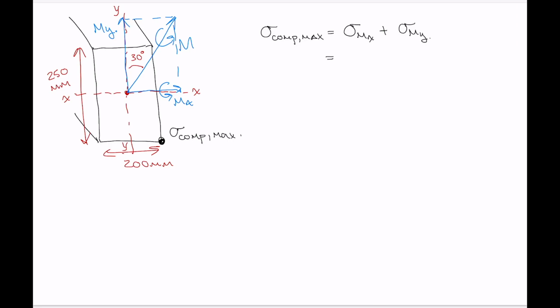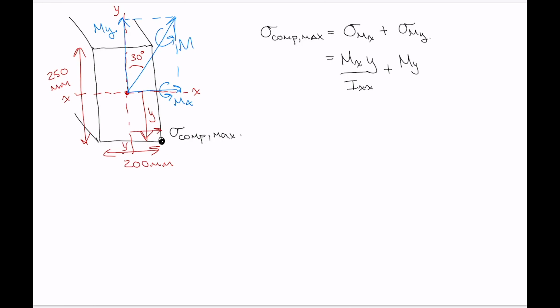So the stress at that location due to Mx is going to be the component Mx multiplied by the distance that that point is away from the x-axis. I'll call that variable y here, so this is distance y, divided by Ixx. Plus then the stress at that location from My is the y component multiplied by the distance that that point is away from the y-axis.